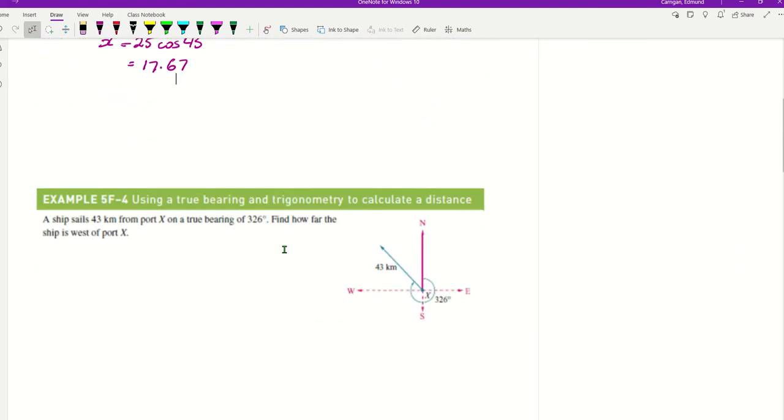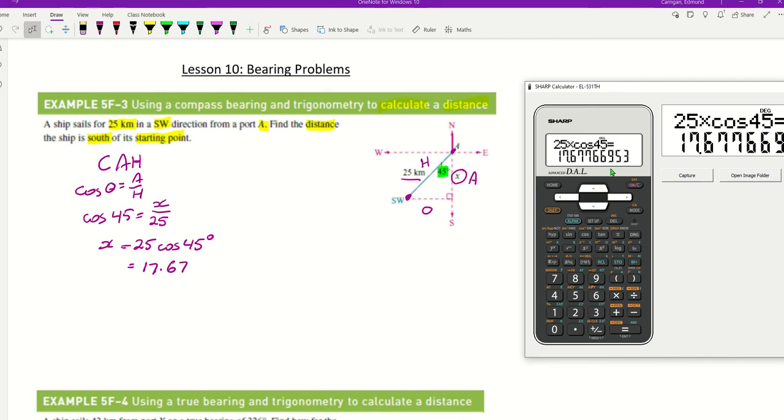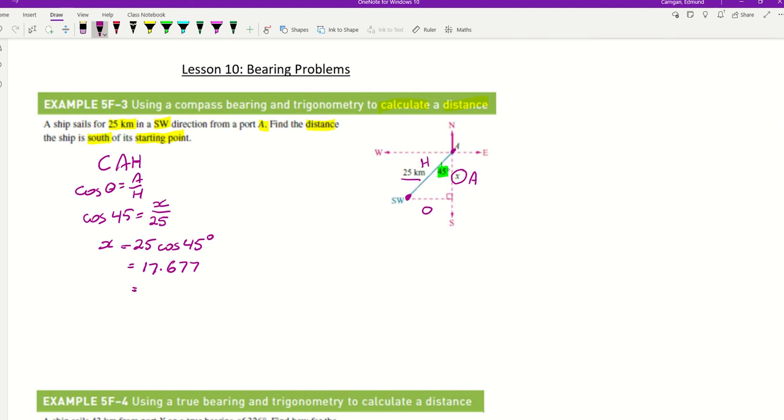It hasn't told me how many decimal figures, so I'm just going to come back to my calculator, 17.677, and then what I might do is round that to 2 decimal places, 17.68 kilometres south. So finishing off, it's a worded question, so we should answer in a worded way.